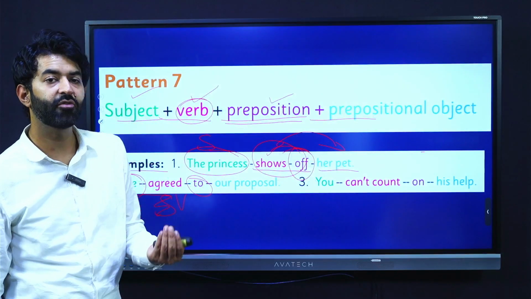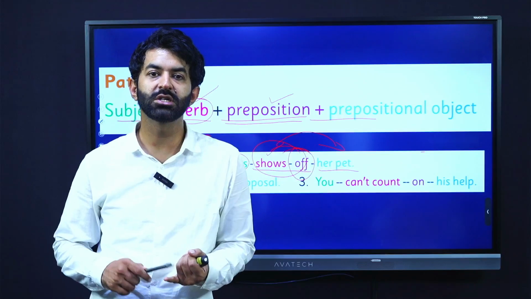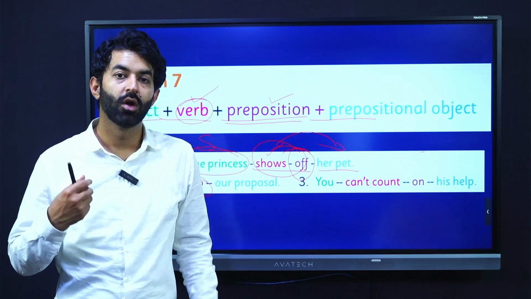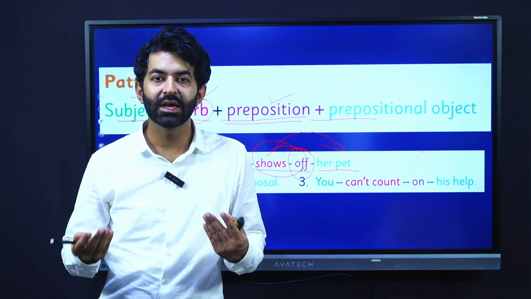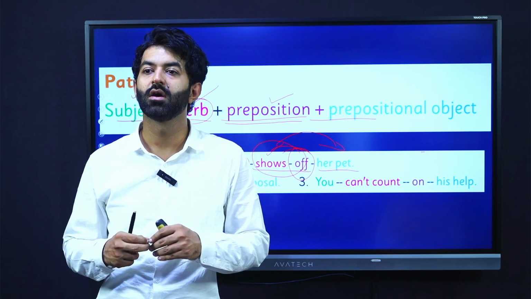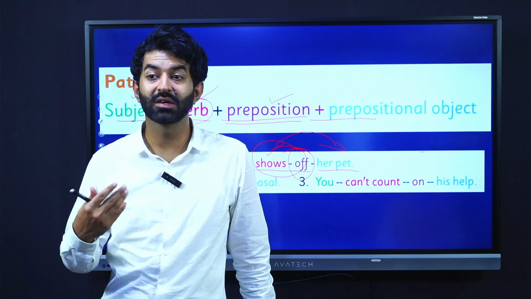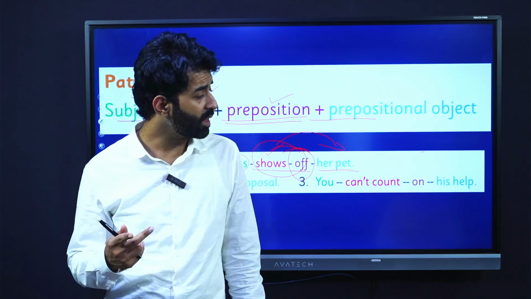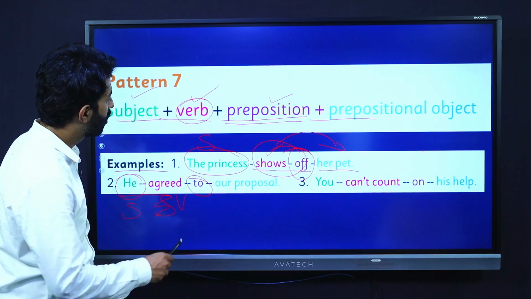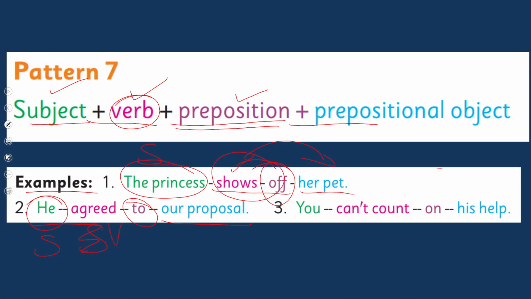That show different aspects. Location, time, direction and all of these things. Now, off, on, inside, outside, directions दिखाने के लिए and to give off certain information, we use prepositions. To what? Our proposal.